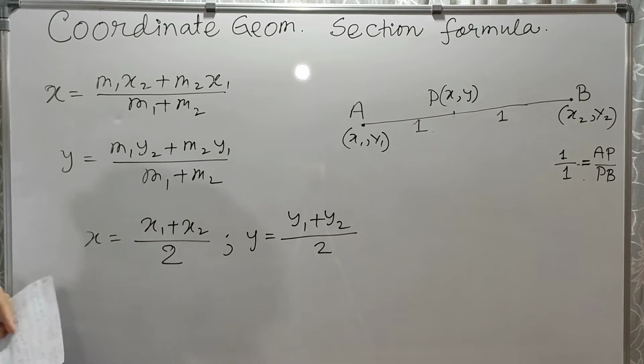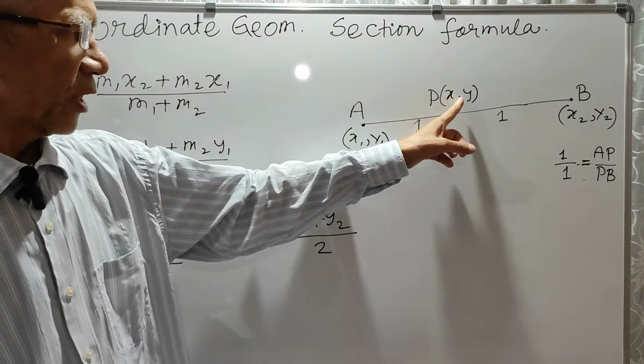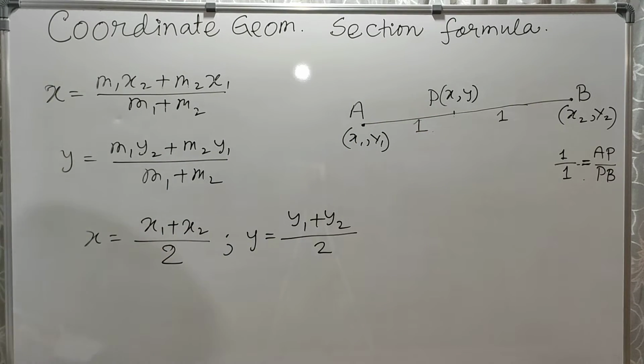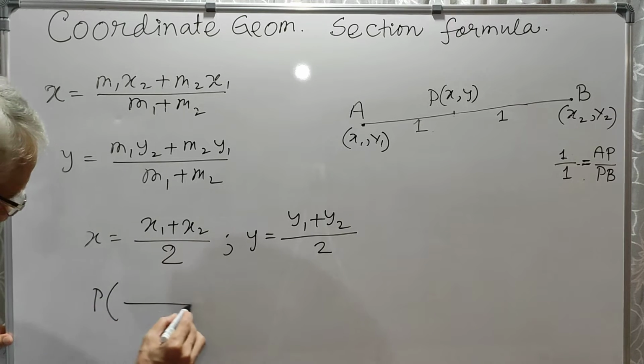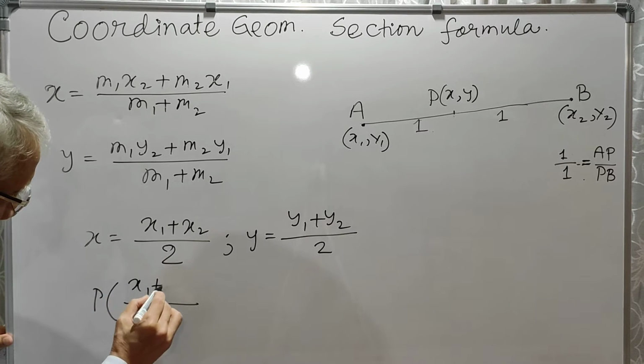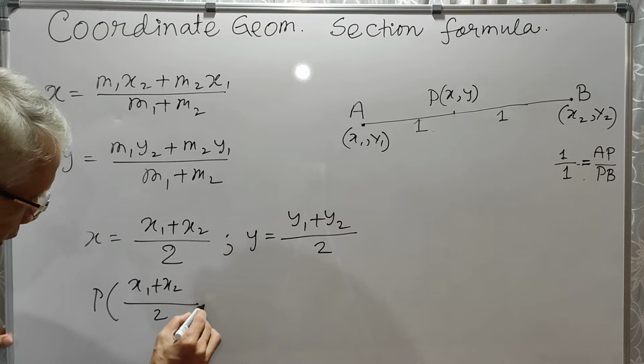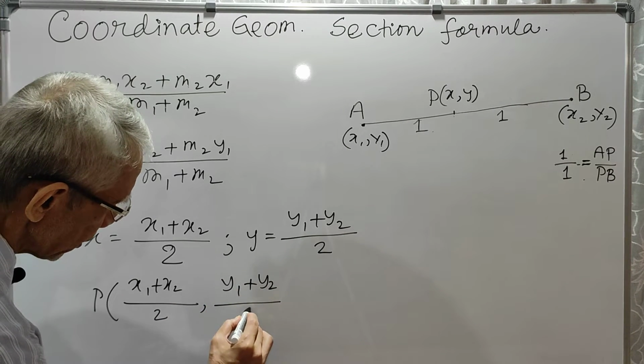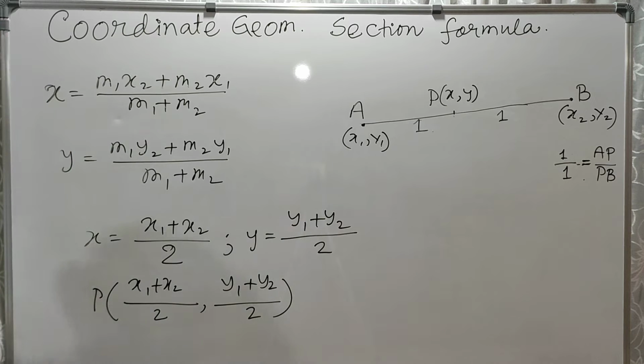These are the values of x and y if P is the midpoint. So this is the midpoint formula. P will be x1 plus x2 by 2, comma, y1 plus y2 by 2. This is the midpoint formula.